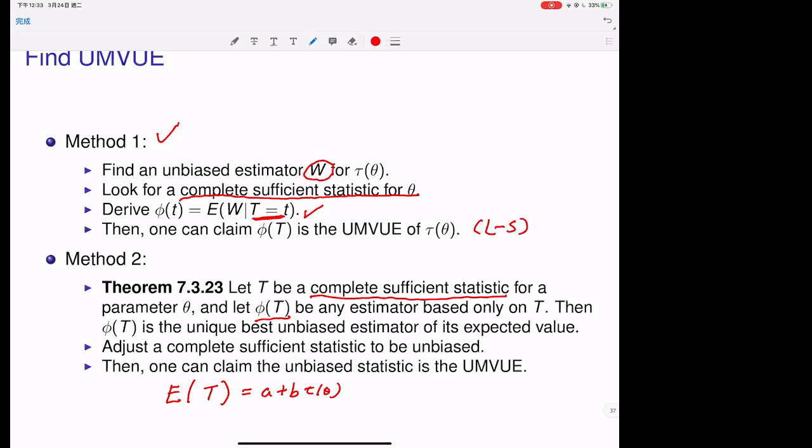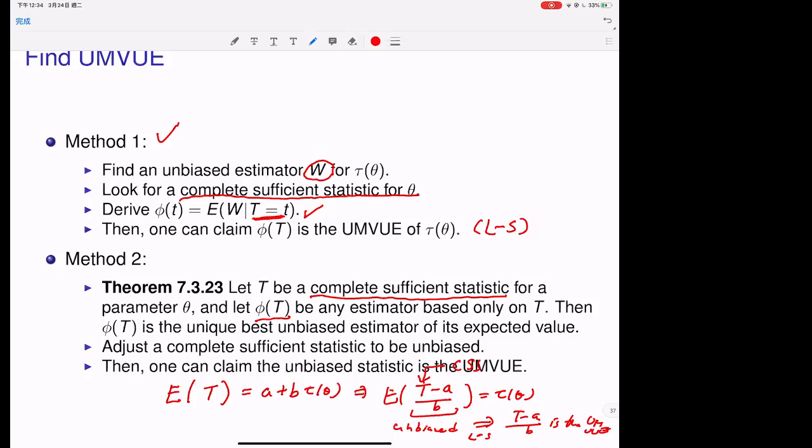If you are lucky to get it, then we put (T minus a) divided by b to become an unbiased estimator of tau theta. Then by Lehmann-Scheffé, because T is a complete sufficient statistic, I can also claim (T minus a) divided by b is the UMVUE. That's the easiest one to find the UMVUE, I think.